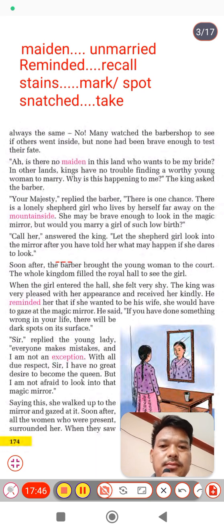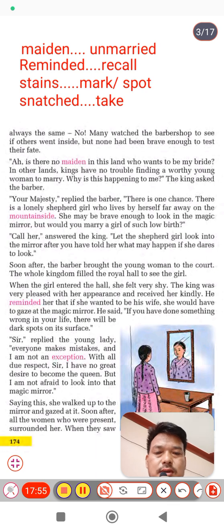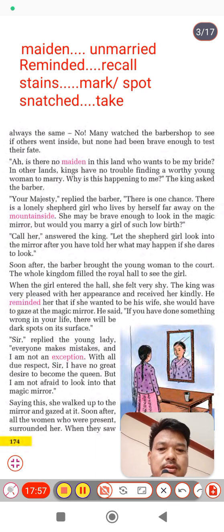And soon after, the barber brought the young woman to the court, to the palace. The whole kingdom filled the royal hall to see the girl, and there were many people.